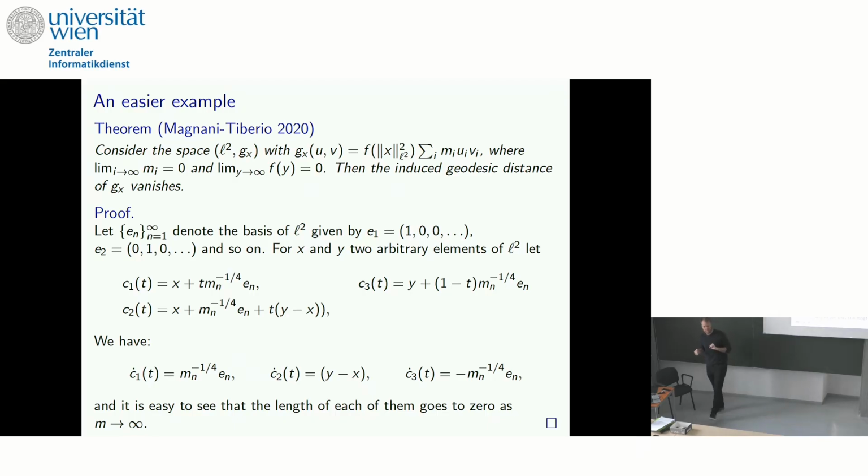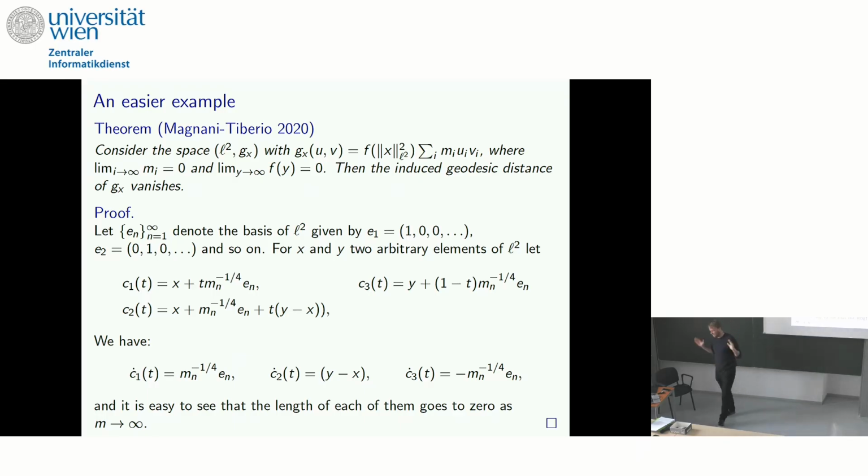That's the first ingredient. What is the second ingredient? The second ingredient is that I weight my L2 inner product with the sequence m_i, and the sequence m_i goes towards 0. So in some way, it does not punish high frequencies. If I go very far out in my L2 sequence and only change something in very late entries, this is also free. These are the two ingredients.